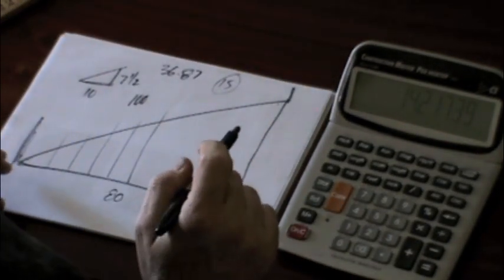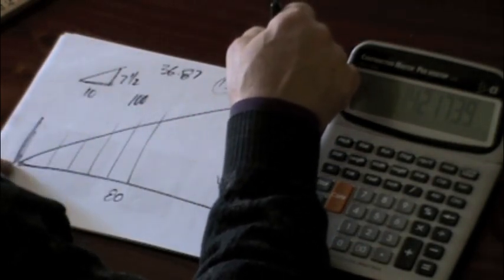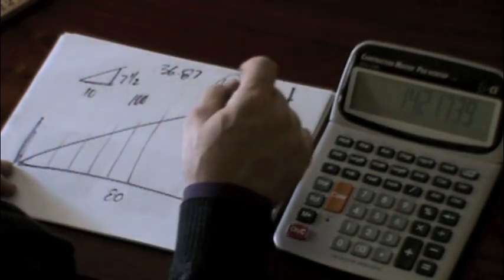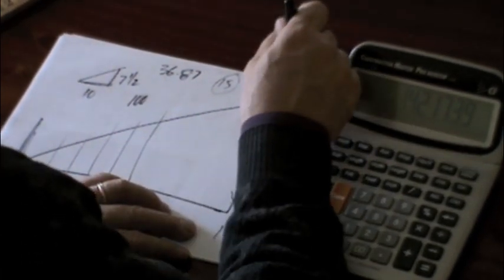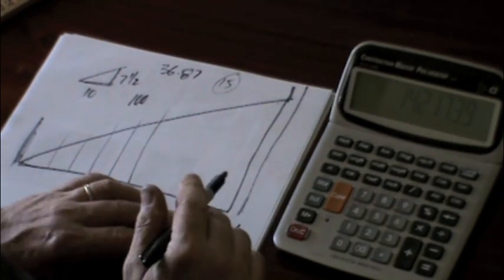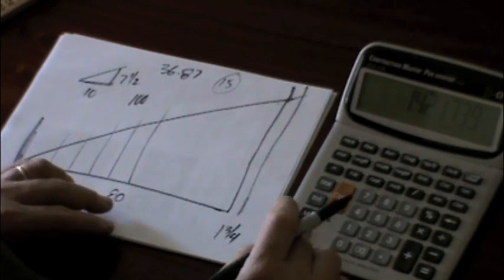We need to divide this diagonal by 15 spaces, but we need to add one baluster to it, just as we had here. So we need to find out what one baluster is on the diagonal.